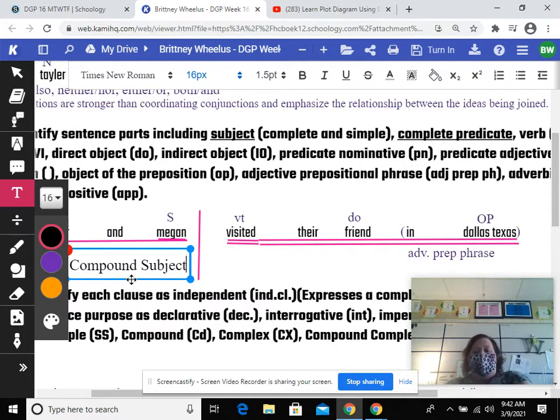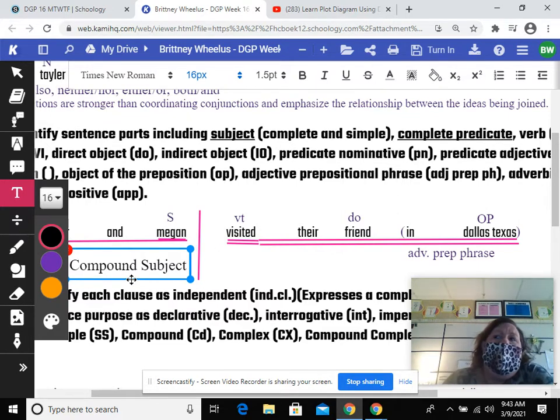Now, if I need to determine if my verb is transitive or intransitive, what two questions do I ask after my verb? Who or what? So Taylor and Megan visited who or visited what? Friend. All right, friend is my direct object, so I'm going to write DO above it.